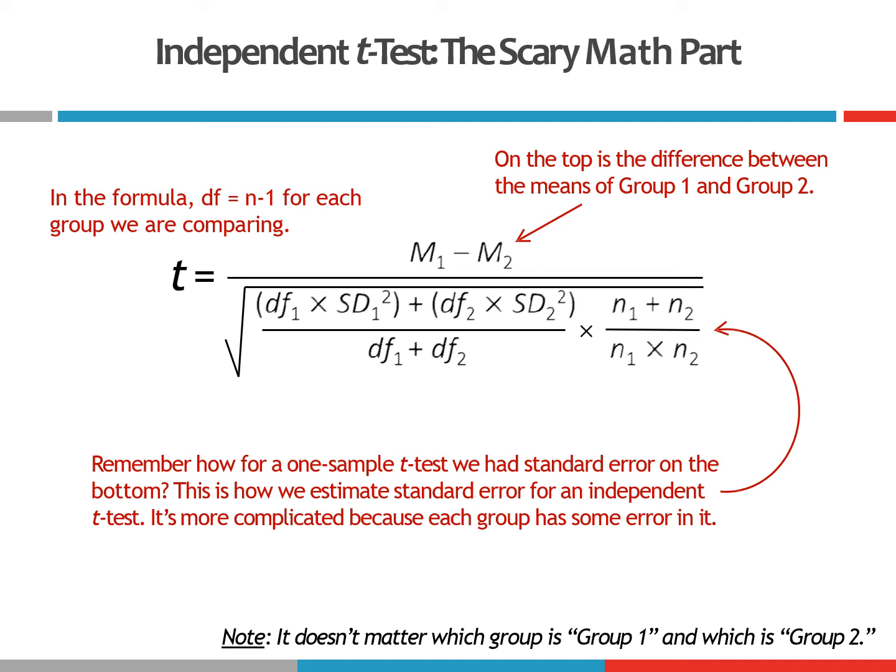It's just a little bit more complicated because we're looking at two groups in our sample, and each of those groups has some error in it, right? Remember we talked about sampling error? And again, that's just random chance factors that make your sample different from your population, right? So each group in our sample is going to have some error in it. So we need this complicated formula to account for that, okay? But it's all the same thing. It's the observed difference between our means over the standard error for each of our groups.